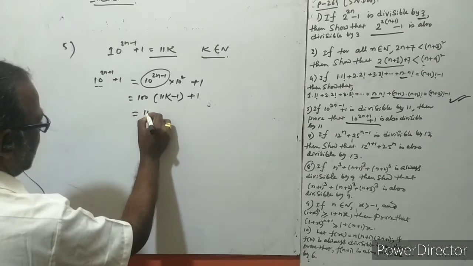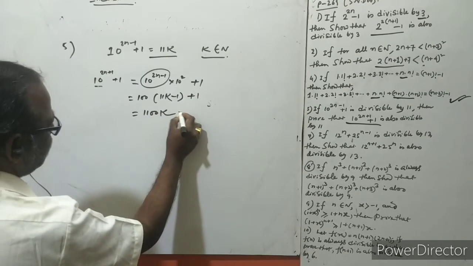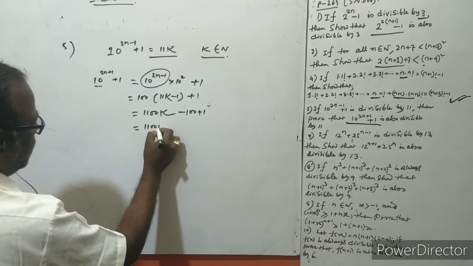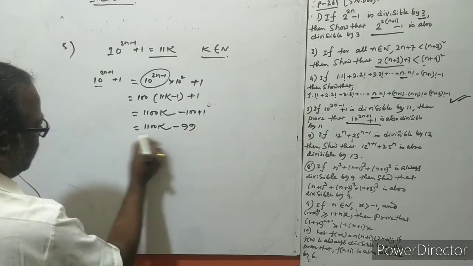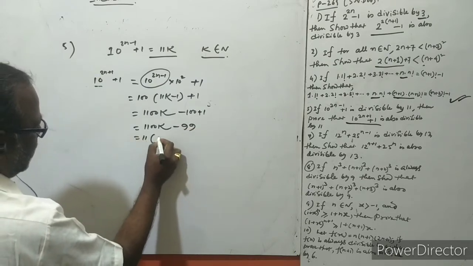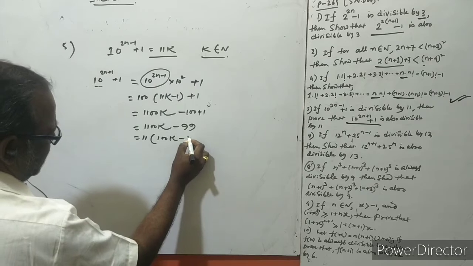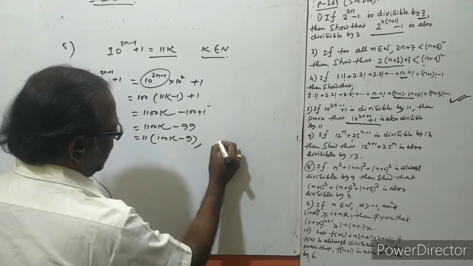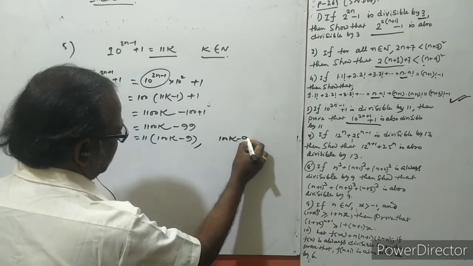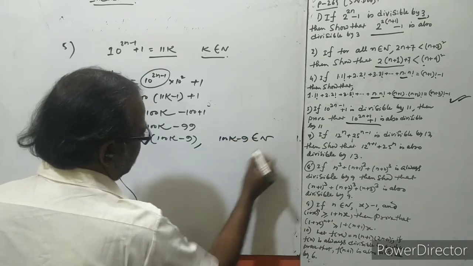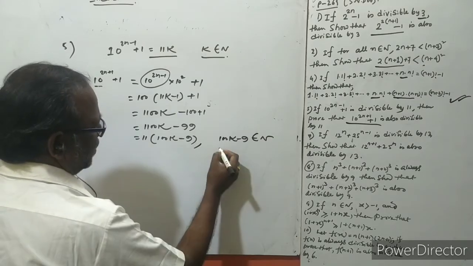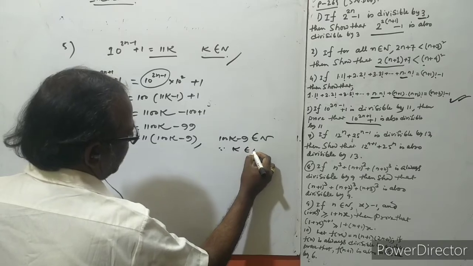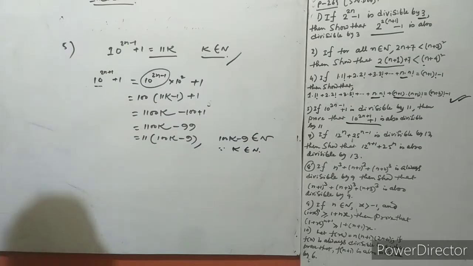So that is 1100k minus 100, plus 1. This is 1100k minus 99. So simply take common 11, that is 11 times (100k minus 9). So it is clear that 100k minus 9 is a natural number, since k is a natural number taken under condition number 1.